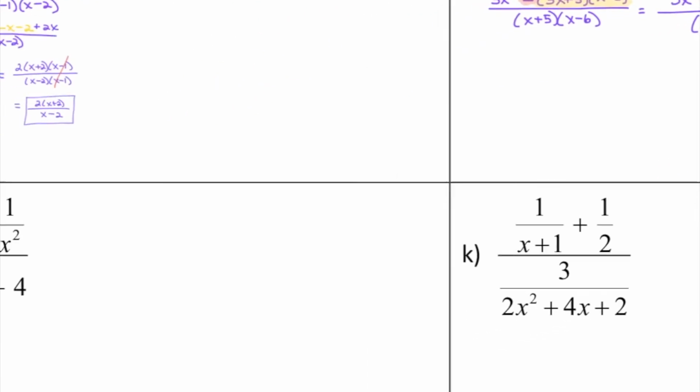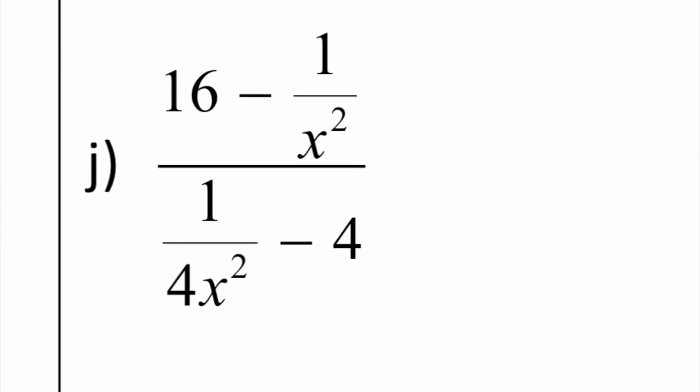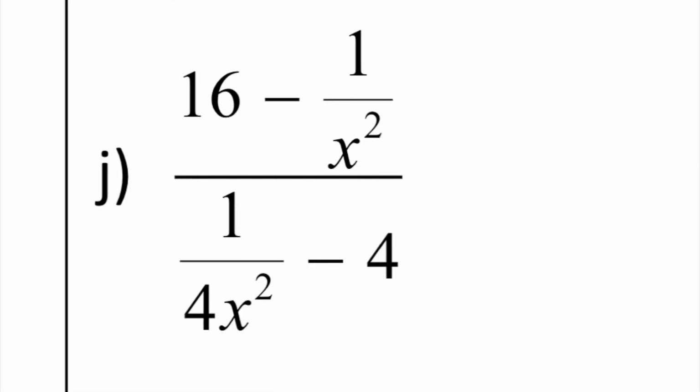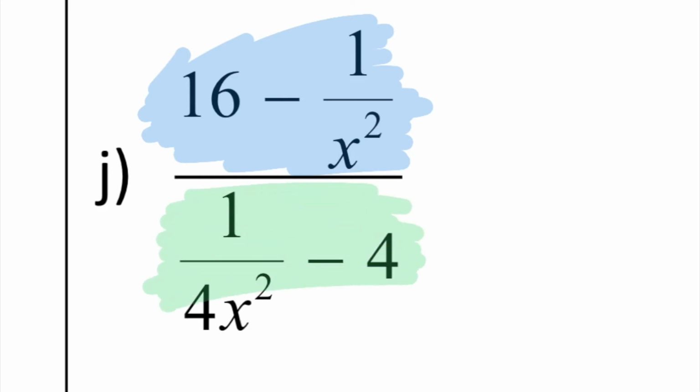Now let's look at these two complex fractions. Remember that a complex fraction is just a big obnoxious division problem, and it's going to be this big obnoxious numerator divided by this equally big obnoxious denominator. And so what I'm going to do is write that out as a division problem.